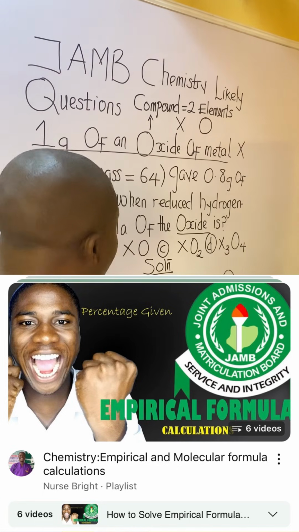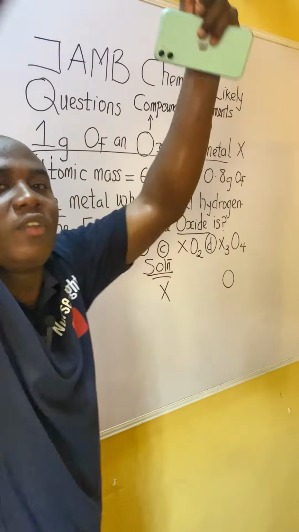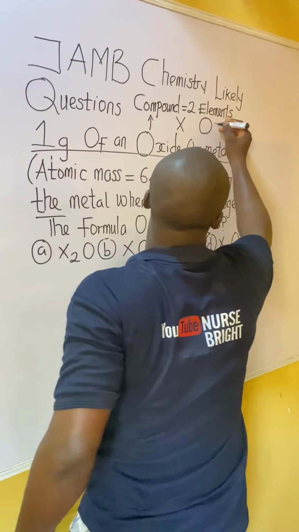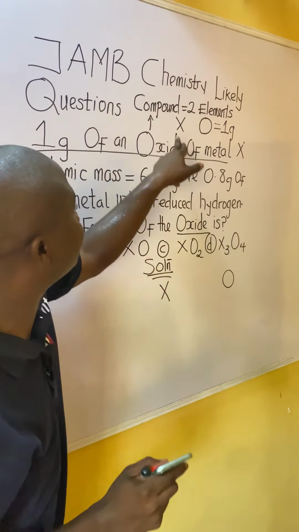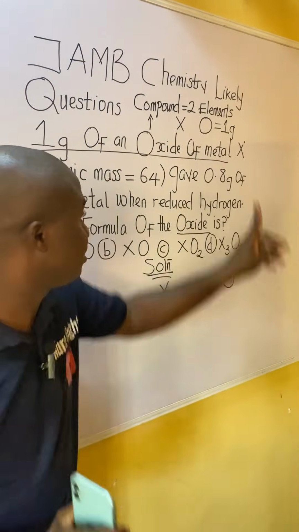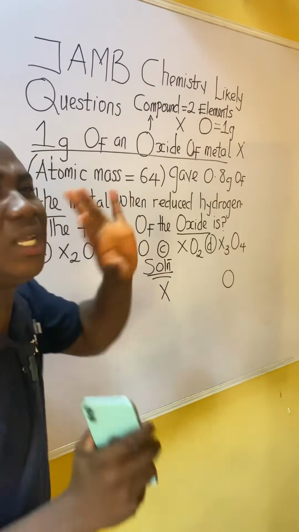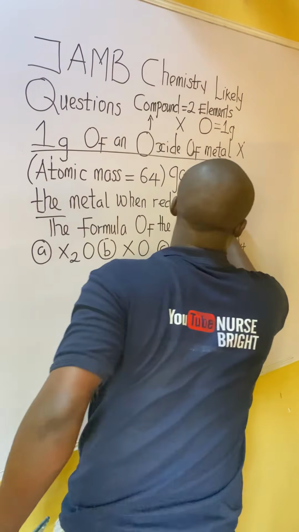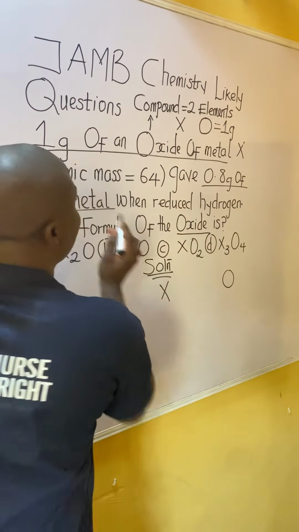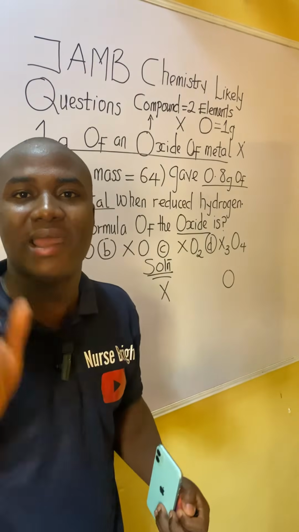All right. So moving further, we were told that the mass of the full compound was given to be 1 gram. They now said that 1 gram of the oxide of the metal X gave 0.8 grams of the metal. So the mass of the metal was given to be 0.8 grams.